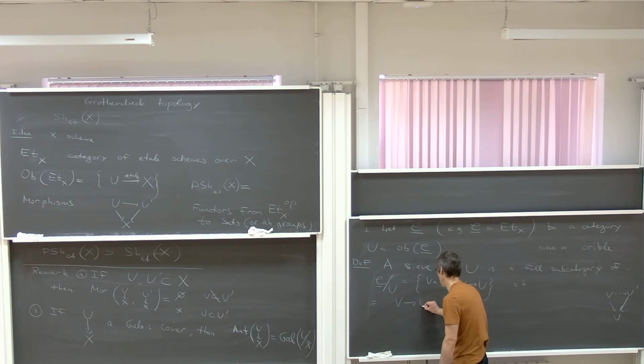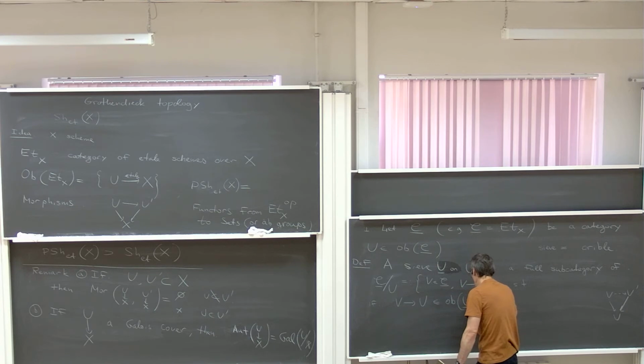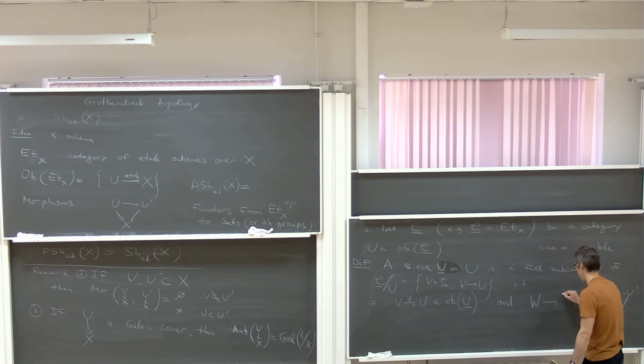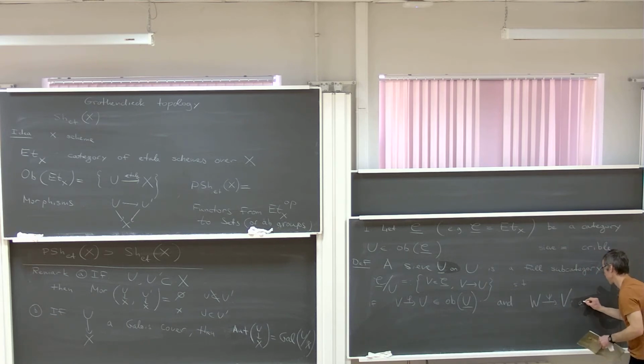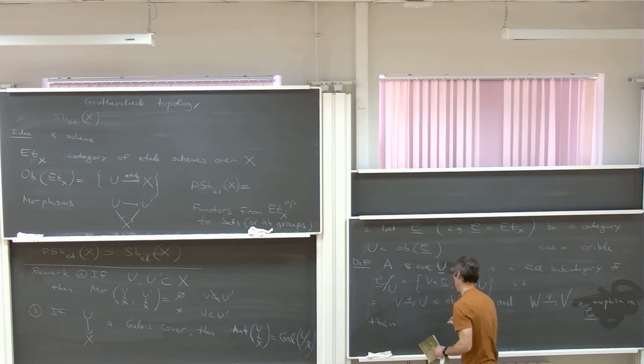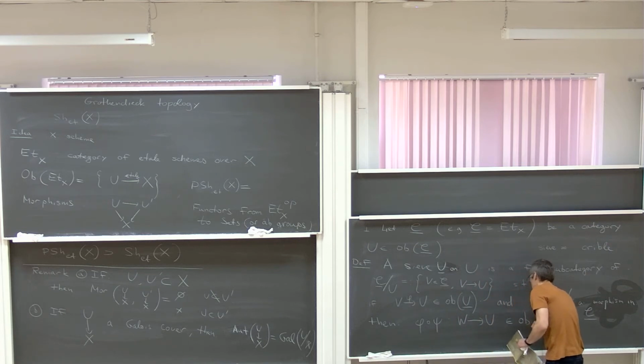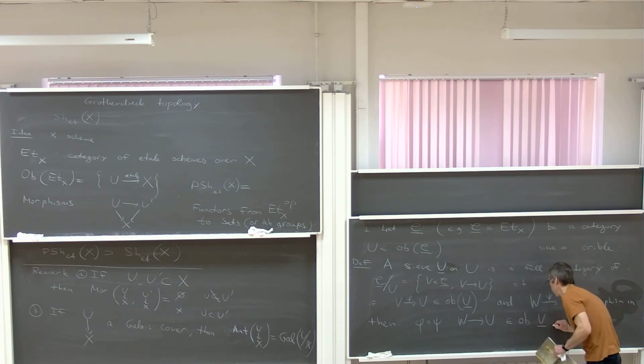If V is an object of the sieve, and I have any morphism phi from W to V in C, then the composition psi composed with phi, a map from W to U, is again an object of the sieve.